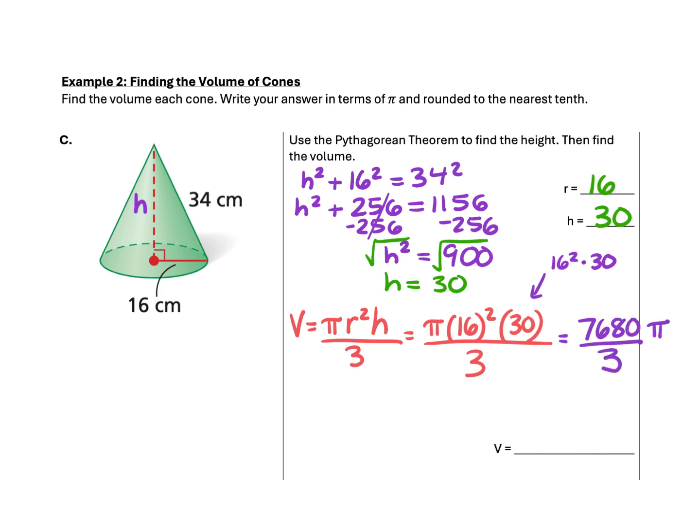I'm going to divide that by 3. It divides evenly, so we have 2,560 pi for our exact volume. And that would be cubic centimeters. Now for the approximate, just go ahead and type 2,560 pi button into your calculator. And when you do that, it'll give you approximately 8,042.5.